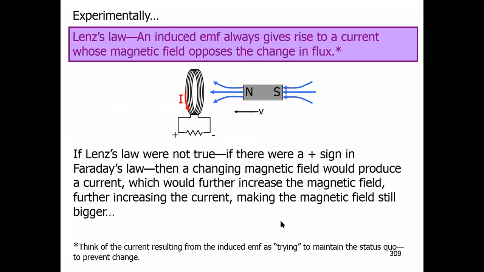You see, a very small statement is there. If Lenz's law were not true, suppose somebody says no, it will not oppose the cause, rather it will support the cause. Then, if there were a positive sign in the Faraday law, a change in magnetic field would produce a current which would further increase the magnetic field. This is very, very important.